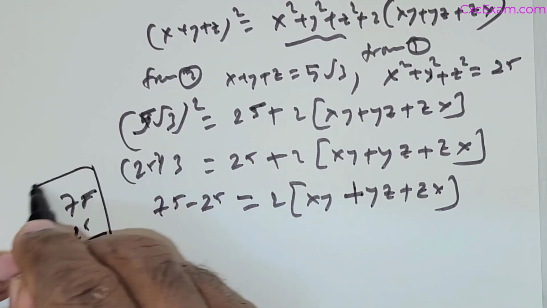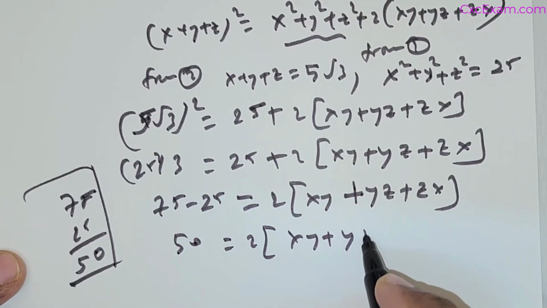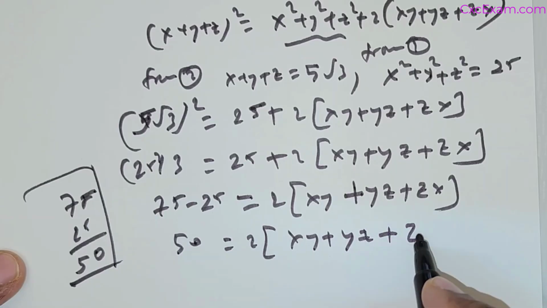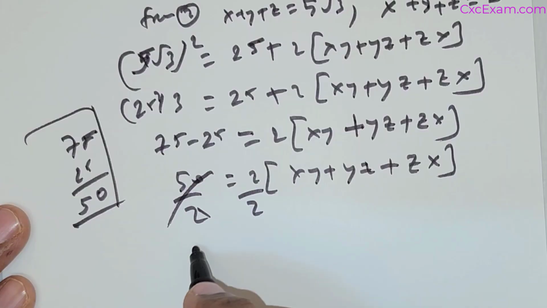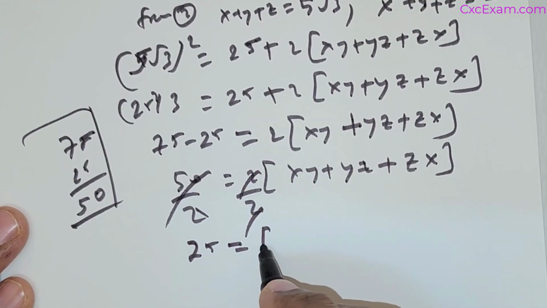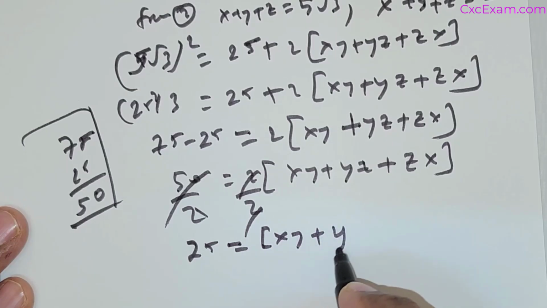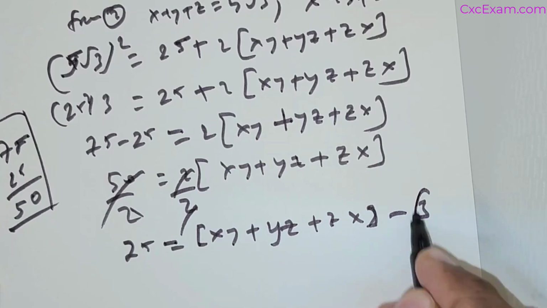You get 50, isn't it? So you have 50 is equal to 2 times (xy + yz + zx). You divide by 2 on both sides, so 2 cancels 50, 25 times. So this is going to be xy + yz + zx equal to 25. So I can take this as system 3.